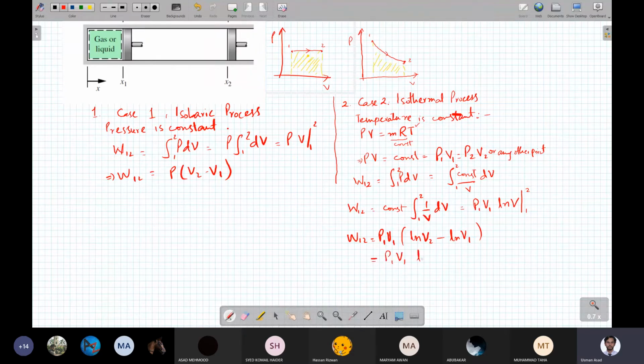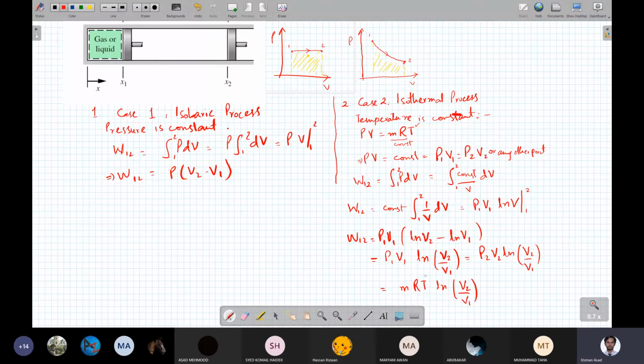And log x minus log y is actually log x over y, you might remember. So this is equal to natural log of V2 over V1. Okay? I might want to add here that you can also rewrite this as P2 V2 natural log of V2 over V1, or you could use the ideal gas law, that P1 V1 is equal to mRT if we're talking about an ideal gas, so you can rewrite this as mRT natural log of V2 over V1.